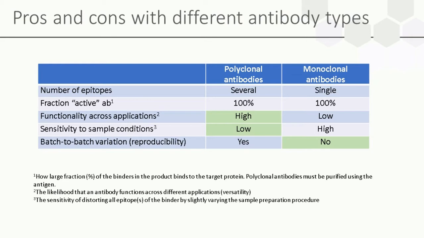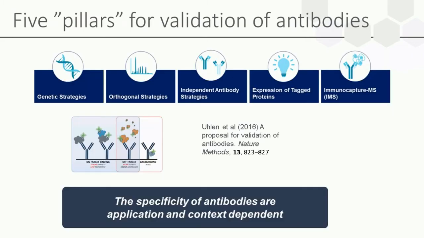Monoclonal antibodies, which we are also using, have an advantage when it comes to batch-to-batch variations, but they are more prone to difficulties with sample conditions. So we are using both polyclonal and monoclonal antibodies in our project.